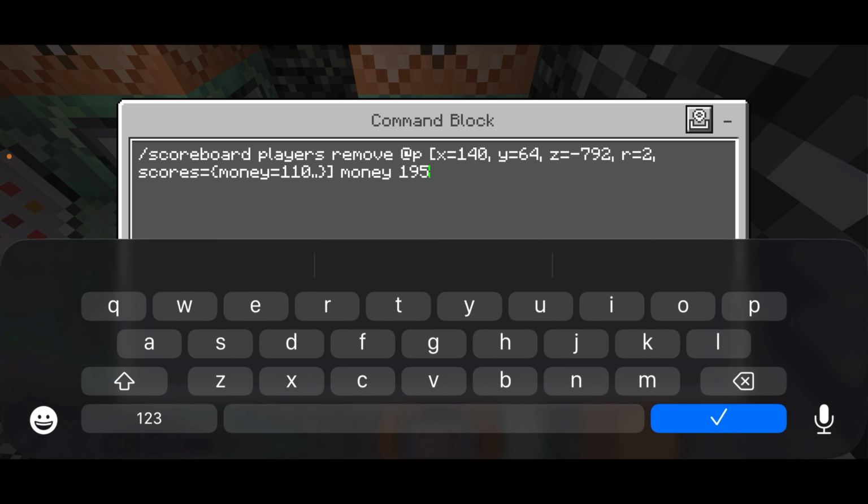Now you get to see how annoying this is. I'm going to write down everything first, but where it says money equals 110, it should be 195. This is awesome. Wow. This is the first time this has happened where I found something that was messed up. I'm pretty excited about this.